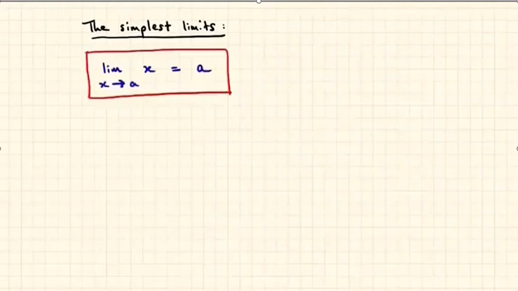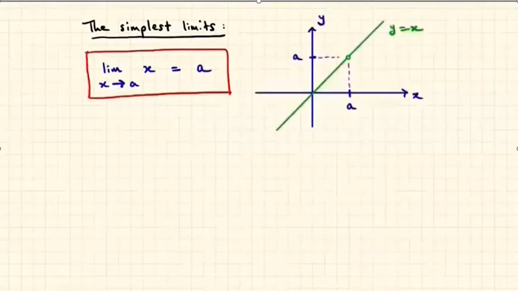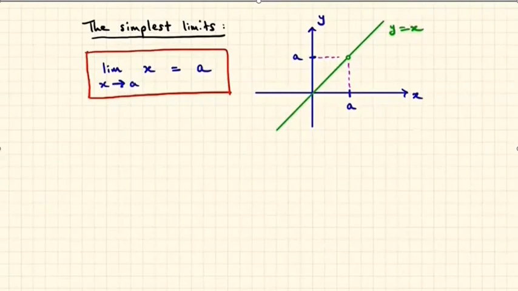This is confirmed by looking at the graph of y equals x, which I've drawn but made a tiny hole at x equals a, because we are interested in limiting behavior as x approaches a, but doesn't necessarily actually reach a. As x approaches a on the horizontal axis, y equals x approaches a on the vertical axis.